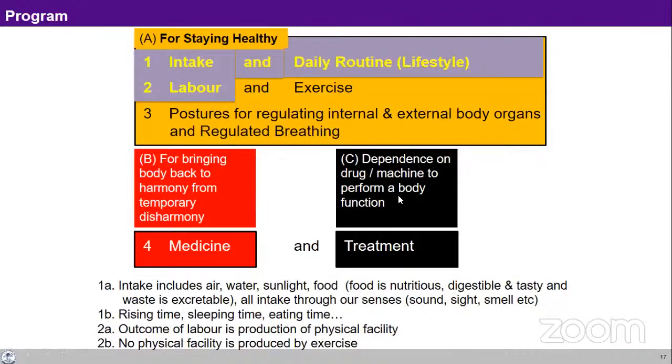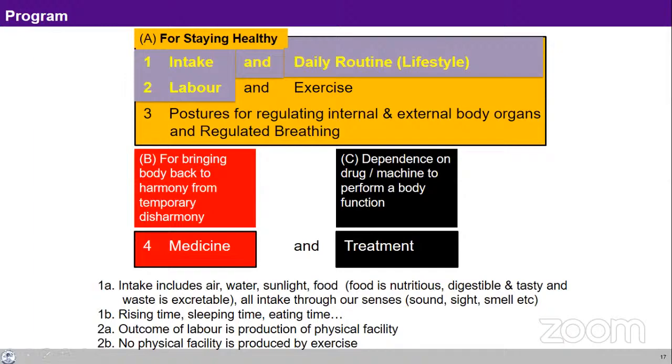Sometimes we may need to depend on long-term continuous medication or machines like pacemakers, ventilators in case of accidents or some severe body conditions, and some kind of treatment like dialysis. So all these are the responsibility of the self for identifying the right treatment, the right medication. So we can think about this, we can discuss this priority order also: intake and daily routine, labor, postures for regulating internal and external body organs, medicines, and treatment.